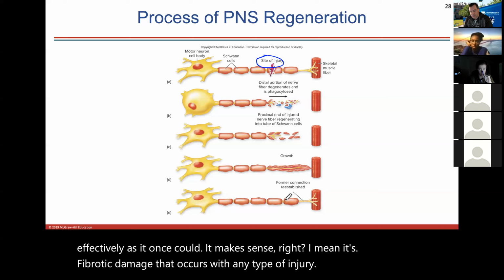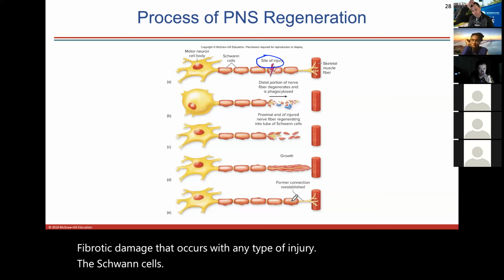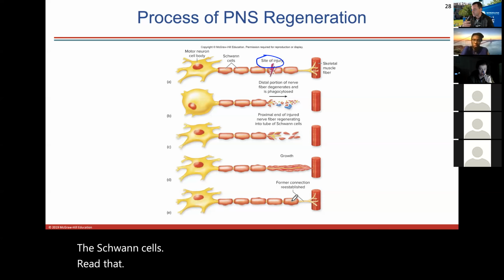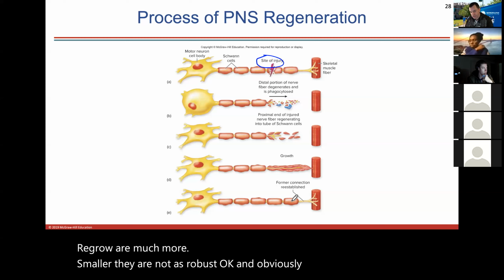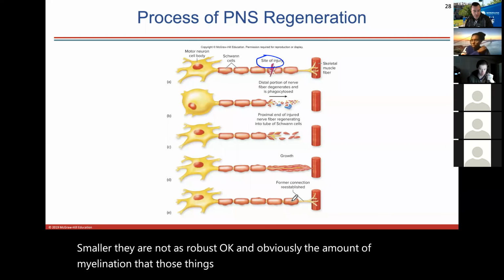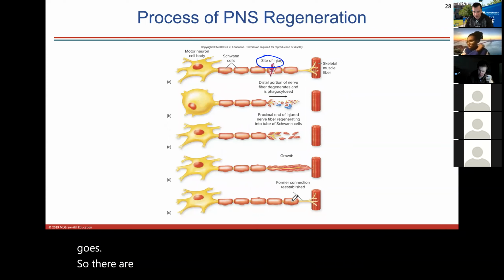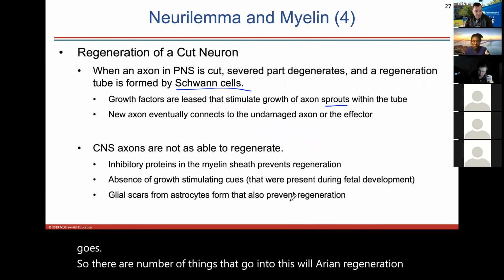The Schwann cells that regrow are much smaller. They're not as robust. And obviously the amount of myelination can affect how a nerve impulse goes. So there are a number of things that go into this Wallerian regeneration process, right?